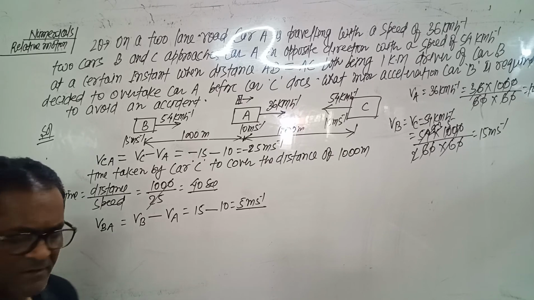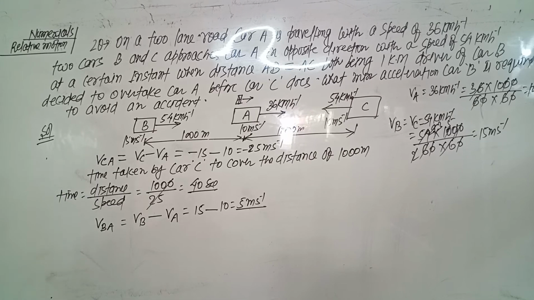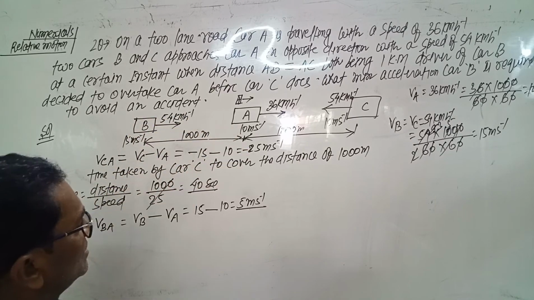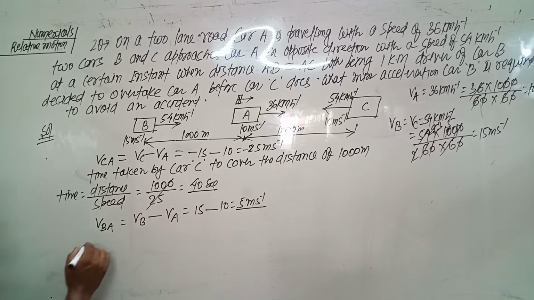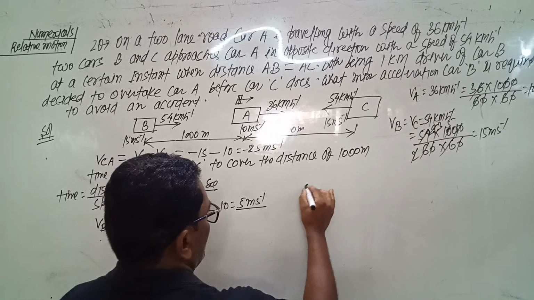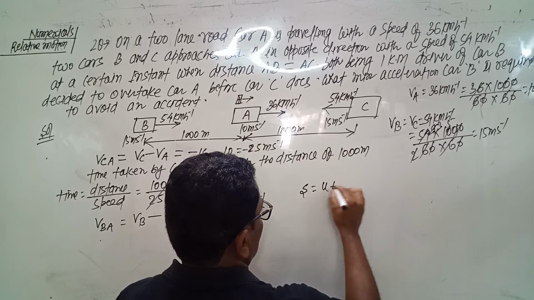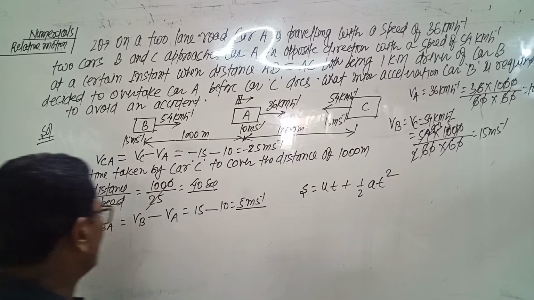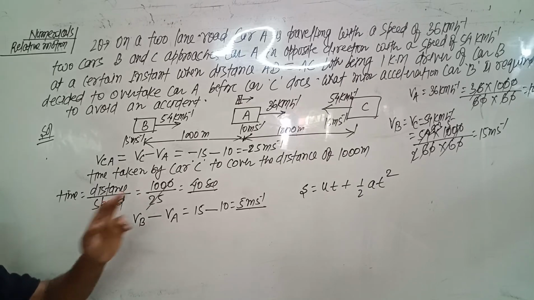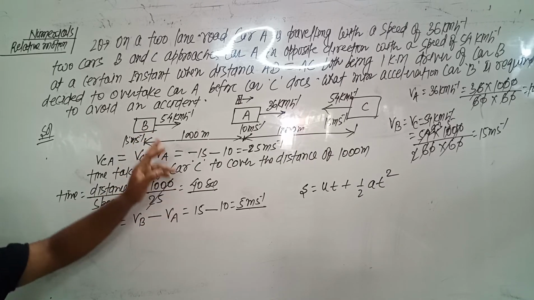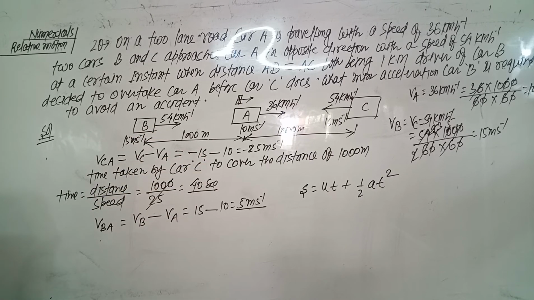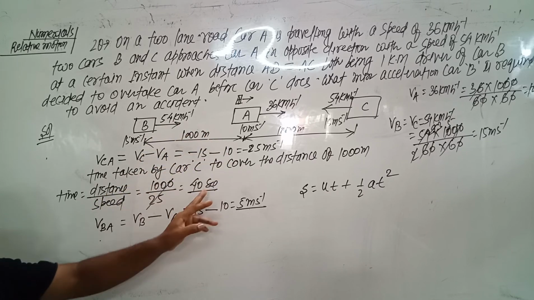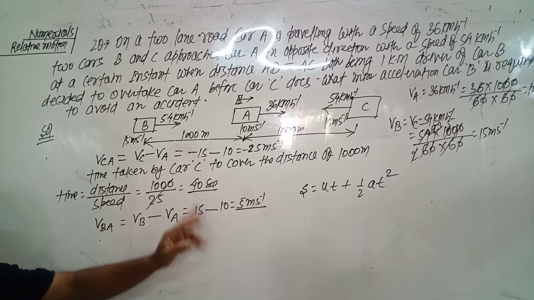Now we will find the distance covered by car B. The formula is S equals ut plus half at square. To avoid the accident, car B must overtake A before 40 seconds.